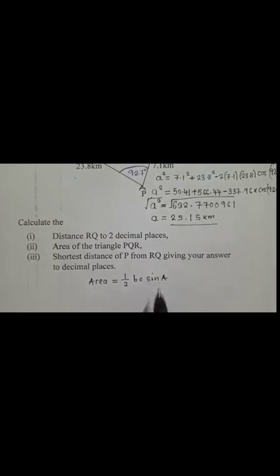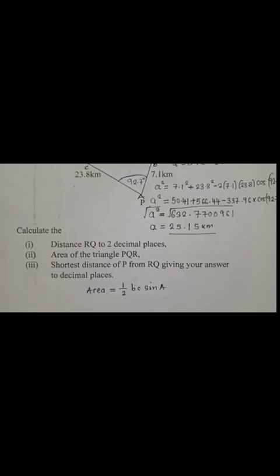Why do we have sine here? Please remember that when finding area, the formula always has a sine right here, not cosine but sine. And the angle which is here must be an included angle.